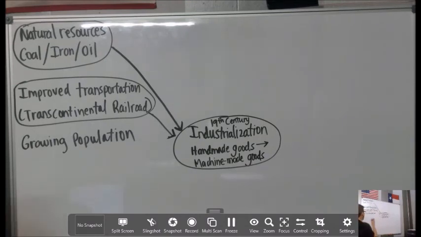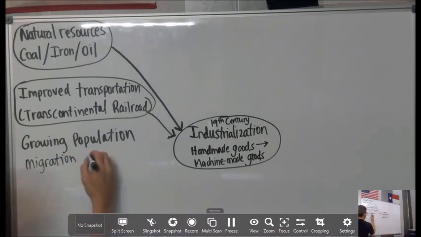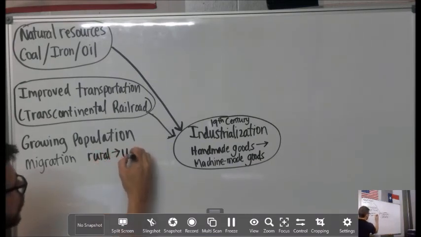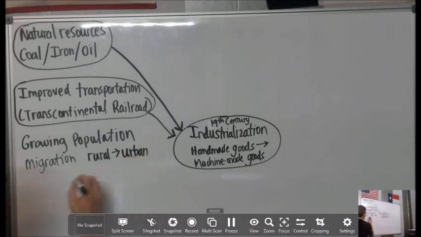So you had migration, which is what was going on was urbanization from the country, so the rural, to the cities, to urban. Of course, that is called urbanization.